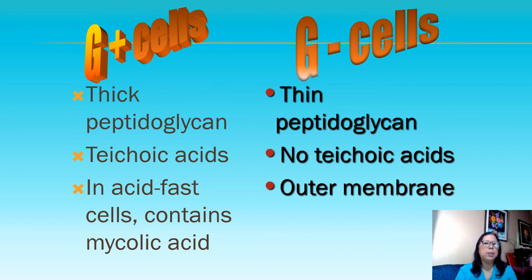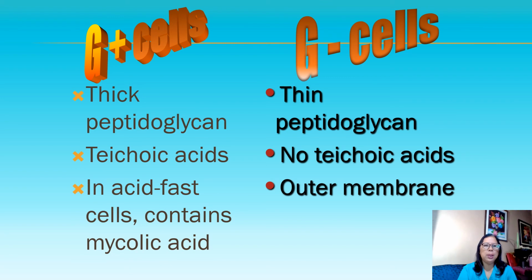So this is the difference between gram-positive and gram-negative cells. The gram-positive cells contain thick peptidoglycan. The gram-negative have thin peptidoglycan.